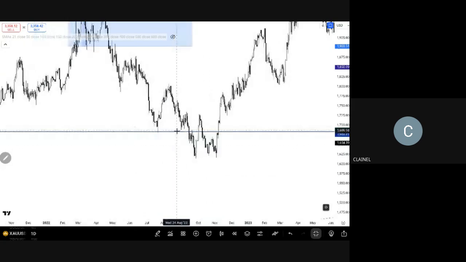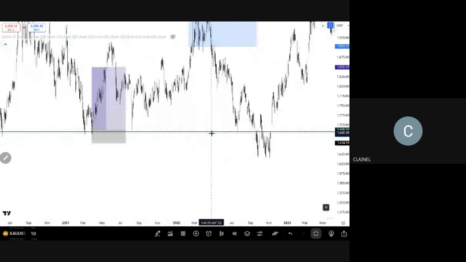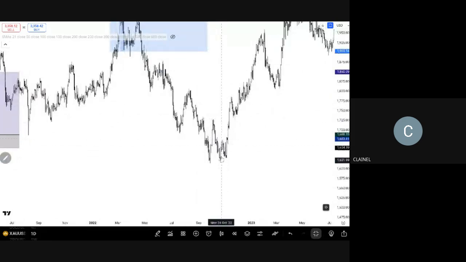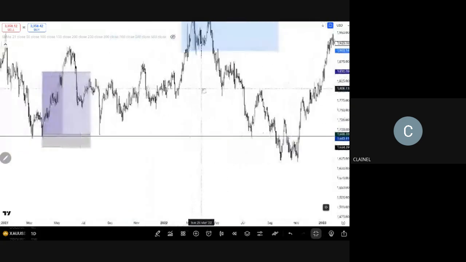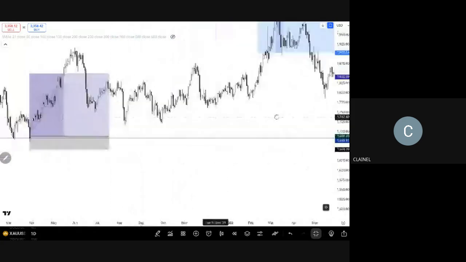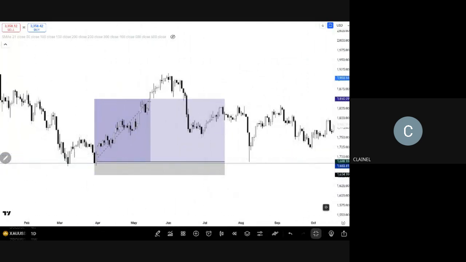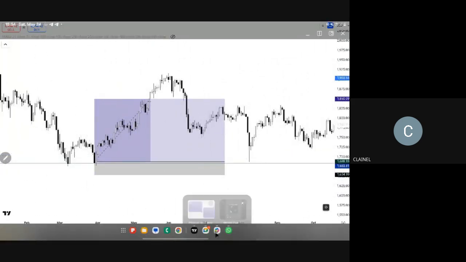And this could act as your confirmation back into buying from your demand zone. These are things you'd like to see when price gets to your demand zone, as well as your candlestick formation. So let's move on to candlestick formation here.